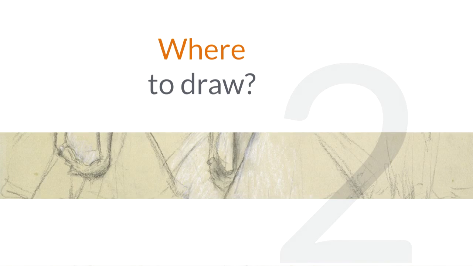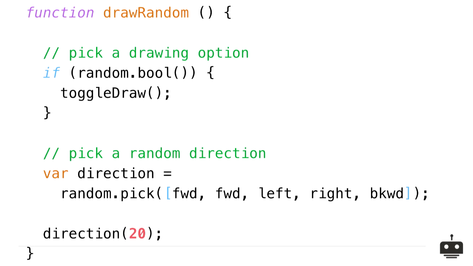And now I'm going to show you the secret artificial intelligence. Here is our function. This is it. This is the entirety of the artificial intelligence that is going to be on this robot. So I have another package called random, which helps me get random values. And I have a random Boolean, so either true or false, that will toggle whether or not we're drawing.